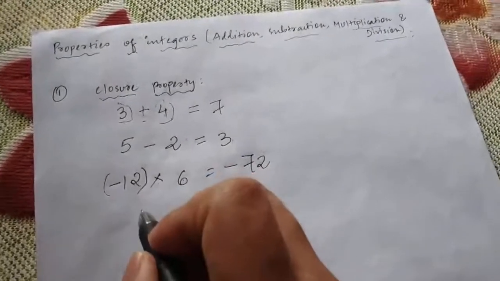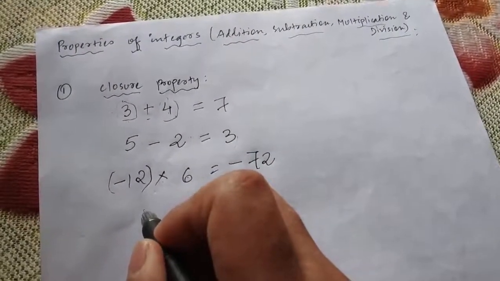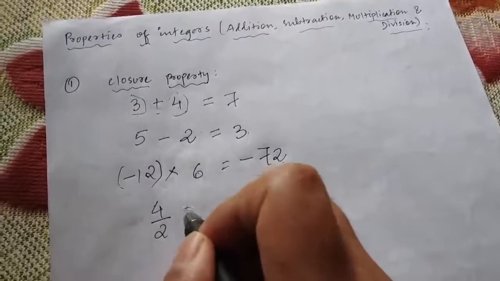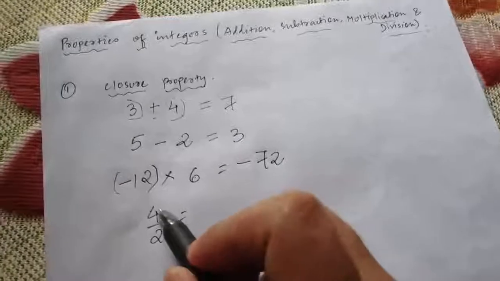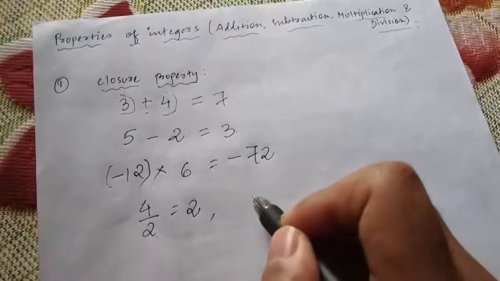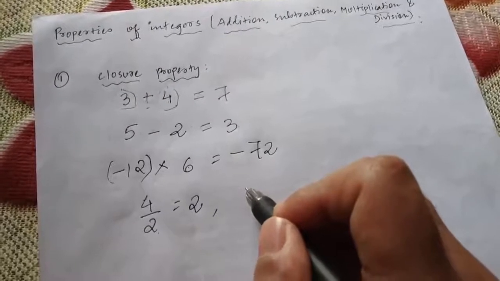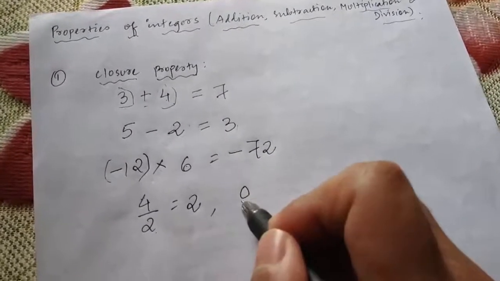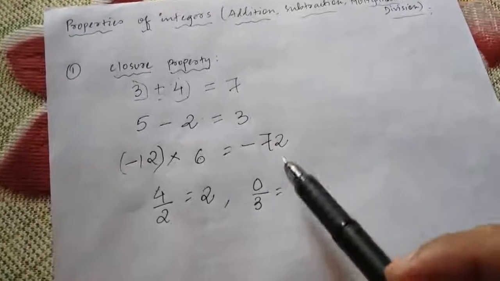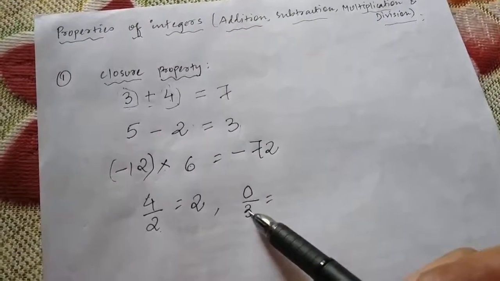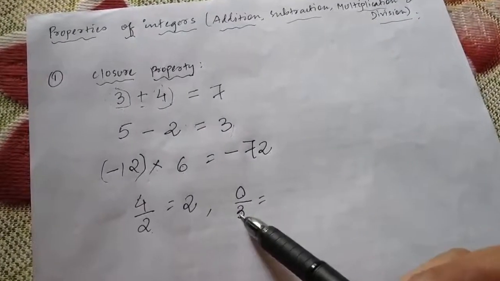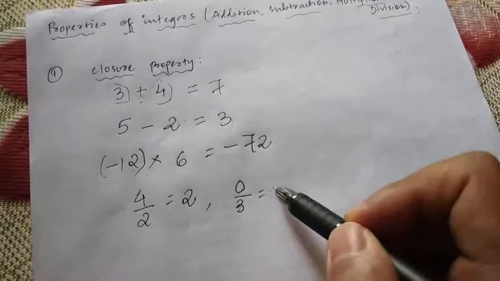If I take 4 divided by 2, 4 is an integer, 2 is an integer, I got an integer. But in case of 0 divided by 3, we already know that if 0 is divided by any integer, then the answer is 0 itself.